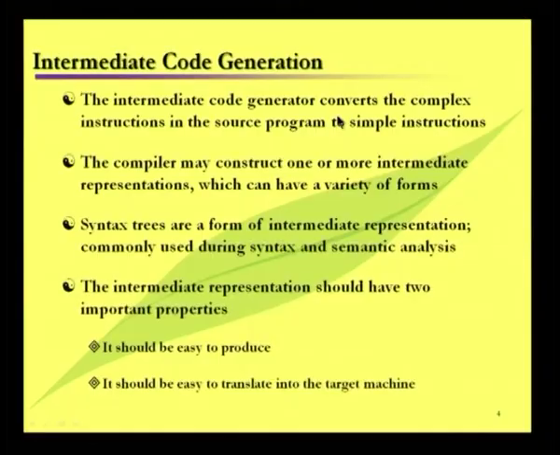Here are the details. It converts the source program, which has very complex instructions, into simple instructions. That is the first one, and then we find that the compiler can construct one or more intermediate representations, like 3 address codes, syntax trees, and another one called the postfix notation.